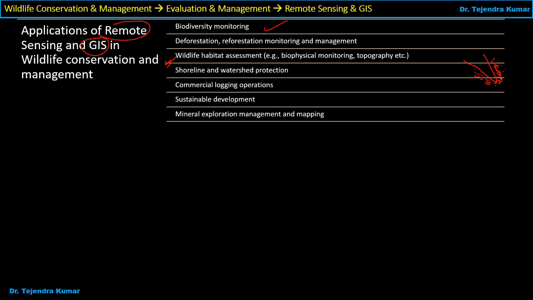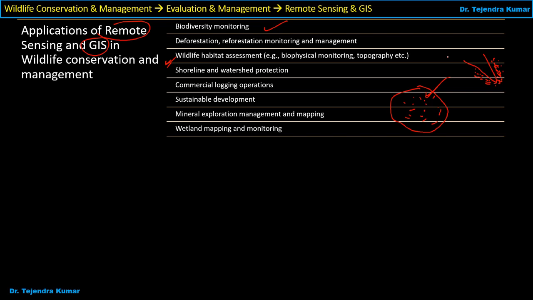Mapping can be done to show how much area has this special mineral. That area can be mapped or explored from remote sensing without ground level hit and trial exercises. So first go through RS and GIS, and then we can easily save our time as well.